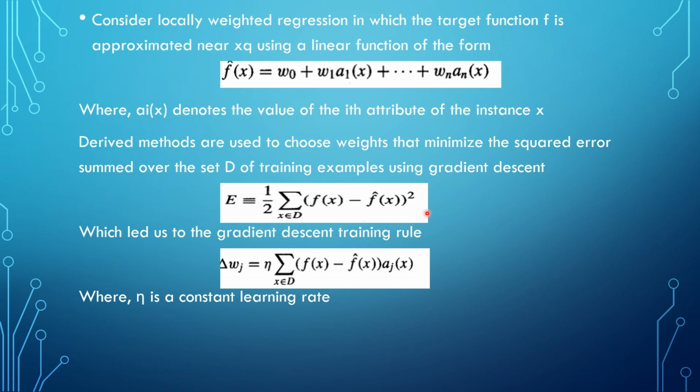This is the gradient descent formula in the perceptron, which gives the rule as Δw_j = η Σ_{x ∈ D} (f(x) − f̂(x)) a_j(x). This gradient descent rule is used in the perceptron to find the error and a weight vector which minimizes the error, where η is a constant learning rate.